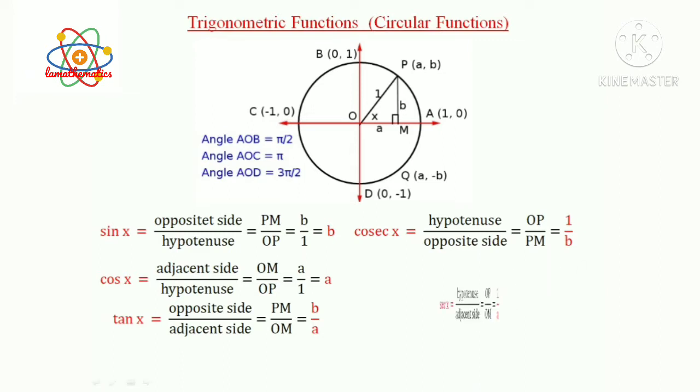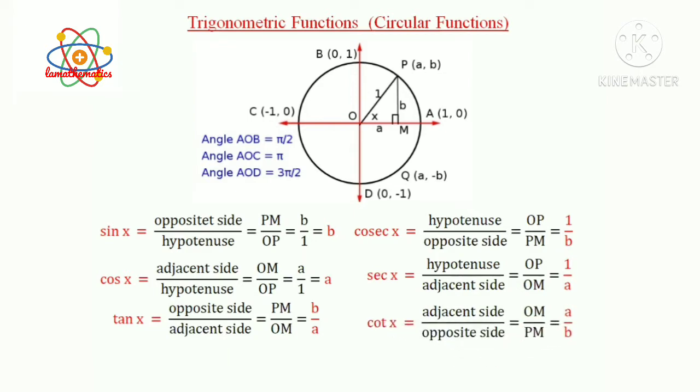Sec x equal to hypotenuse by adjacent side equal to OP by OM equal to 1 by a. Cot x equal to adjacent side by opposite side equal to OM by PM equal to a by b.